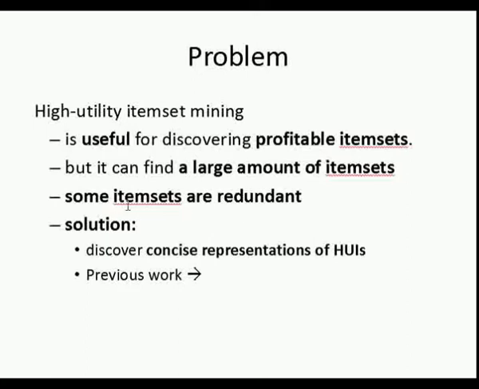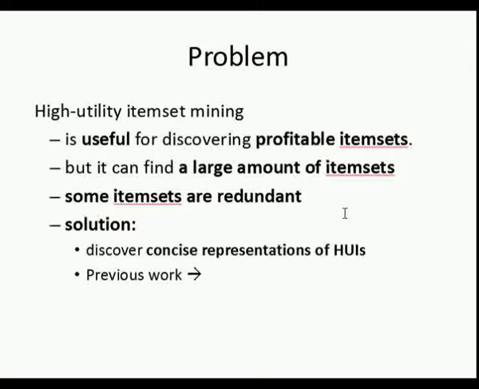And some of these item sets that we can find are sometimes redundant. That means we find some patterns like AB, but another like ABC, and AB is contained in ABC, for example. So maybe we can ask why we have both AB and ABC. Okay. So this is just the main idea.